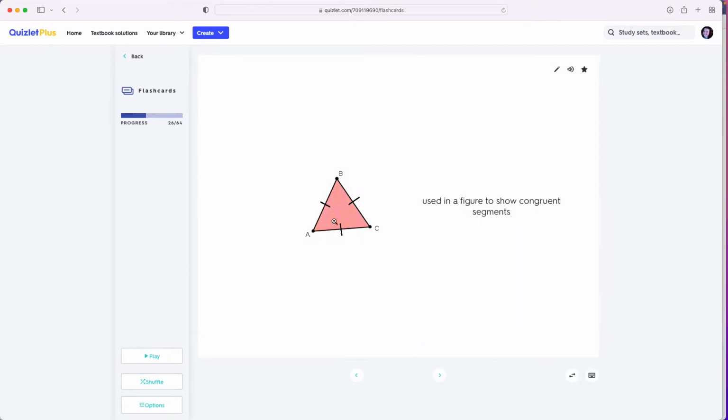You can see how we use them here. The number of tick marks indicates congruency to which item. So you're looking for the same number. The same number of tick marks indicates that they are congruent to each other. So if this one had 2 tick marks here, then only these two would be congruent to one another.